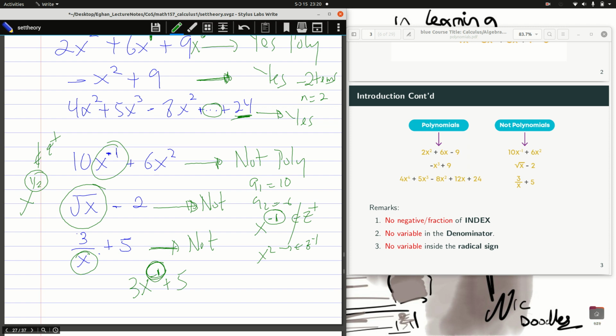And hence, if you look at the remarks I have on slide 3, it says we don't expect negative or fraction of the index, which we've seen an example. We don't expect a variable as a denominator, which we've seen an example. And then we don't expect a radical sign of the variable. These 3 examples I have gone through with you just in this last 3. So these are not polynomials, you must take note of them.